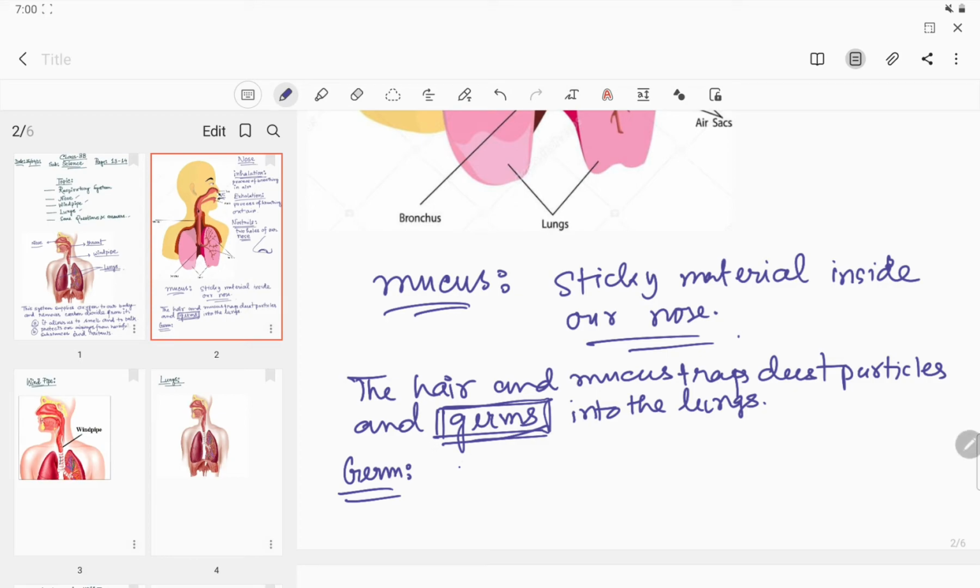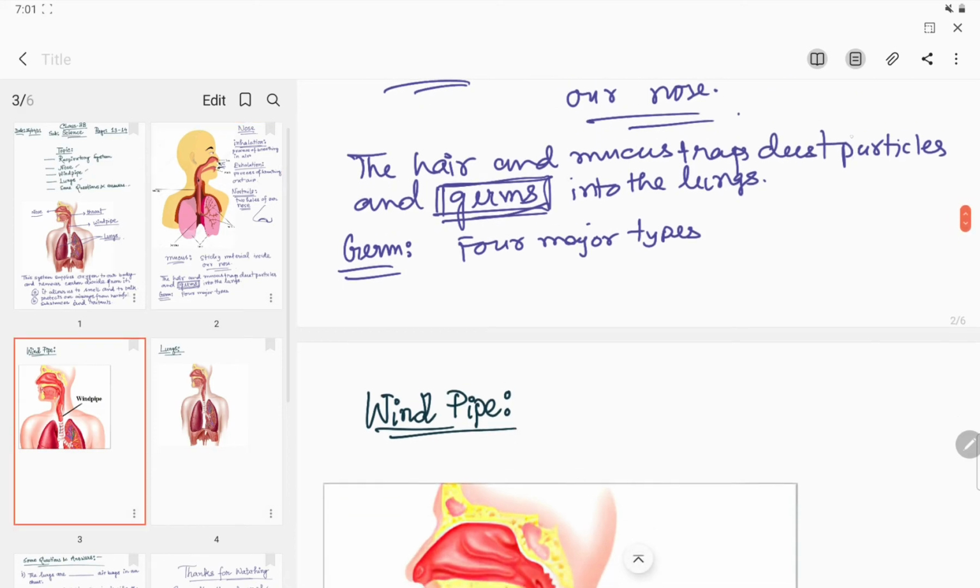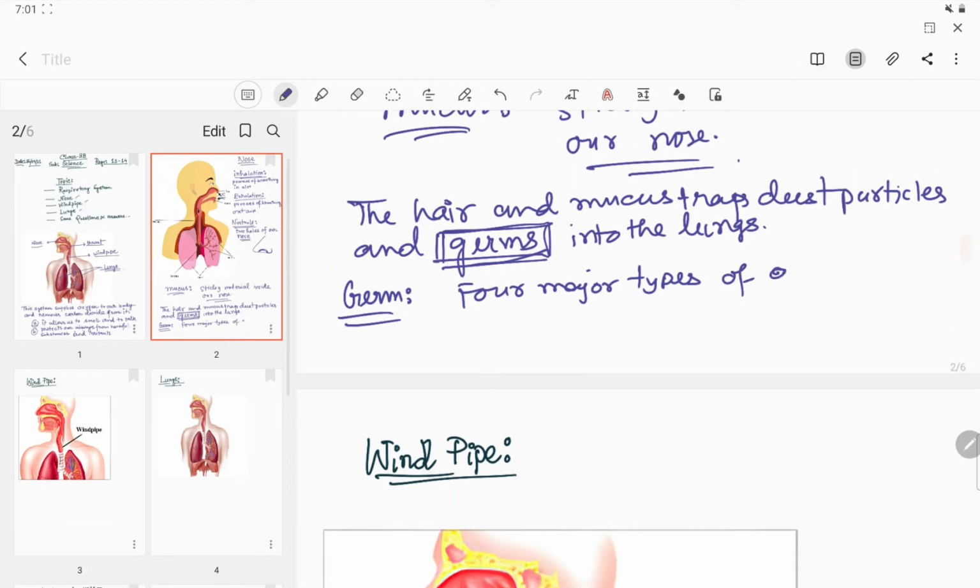Four major types of germs. The four major types of germs are: first one is bacteria, second one is virus, third one is fungi or fungus, and fourth is protozoa.